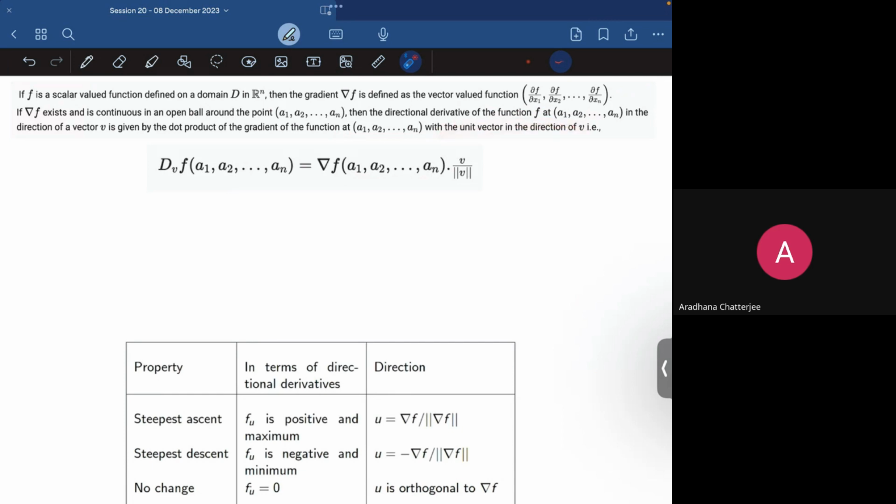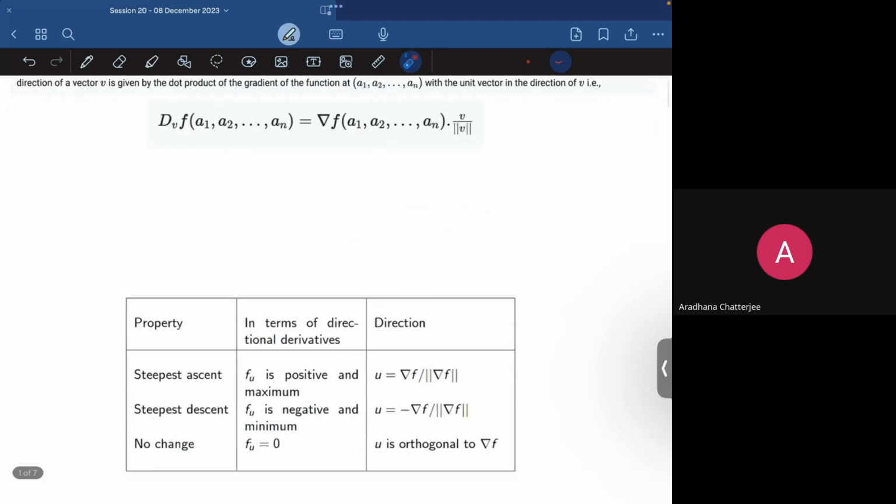So basically we have to normalize v, or make it into a vector of length 1, turn it into a unit vector. So we take v divided by the norm of v. Okay, and the directional derivative in the direction of v is just this.